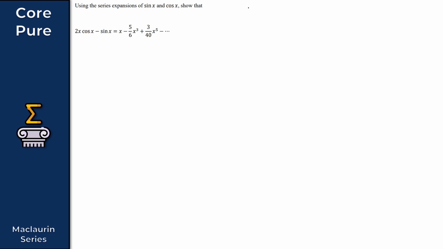So for sin x here, this is given as follows. So it's x minus x cubed over 3 factorial plus x to the 5 over 5 factorial, so on and so on.